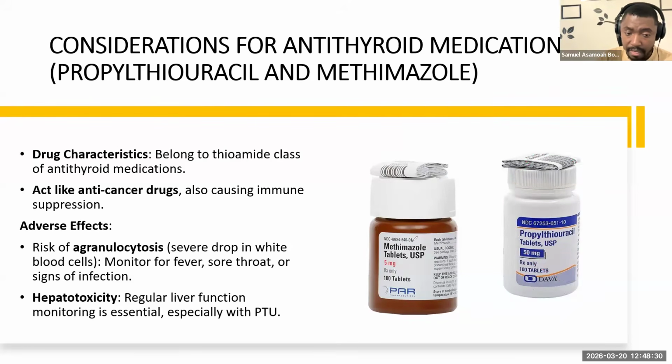I heard of the thioamide class of antithyroid medication. Thioamide. The "thio" has something to do with the thyroid gland, and then it's amide class. And they bring the name methimazole. The last time I saw methimazole, I thought it was an antifungal.